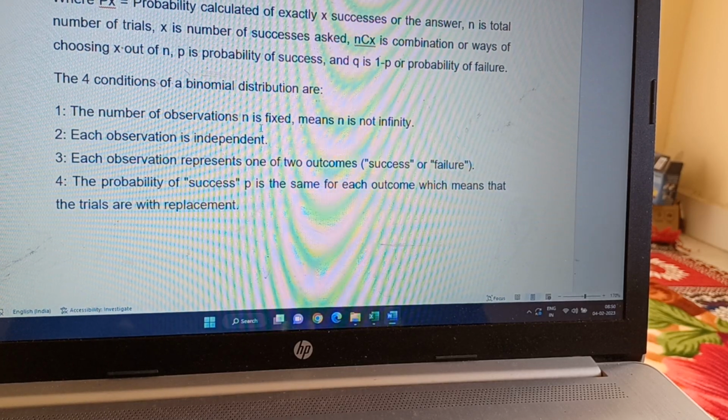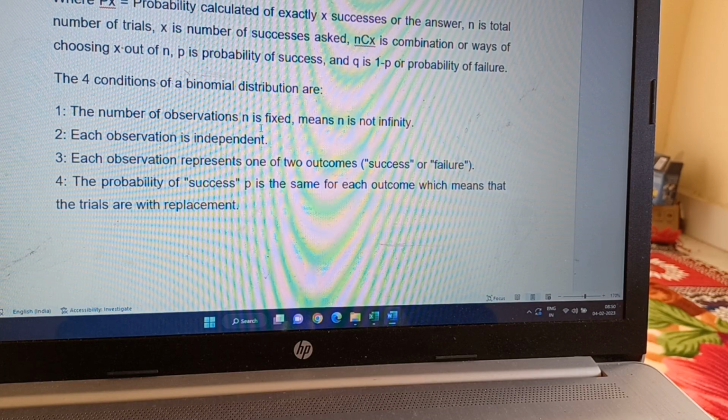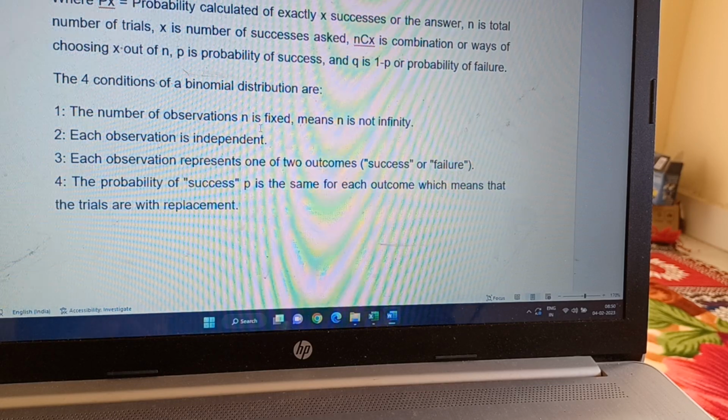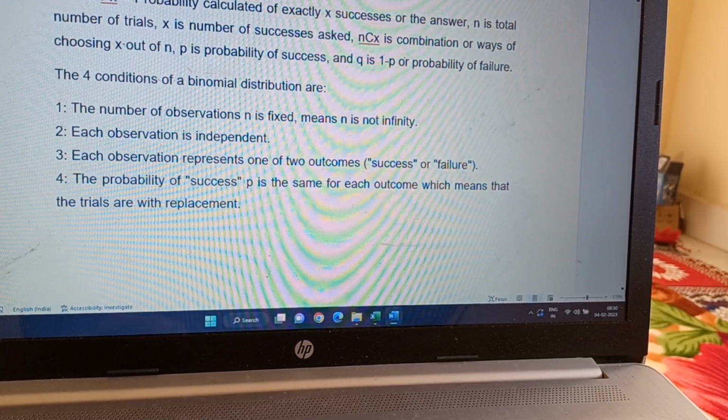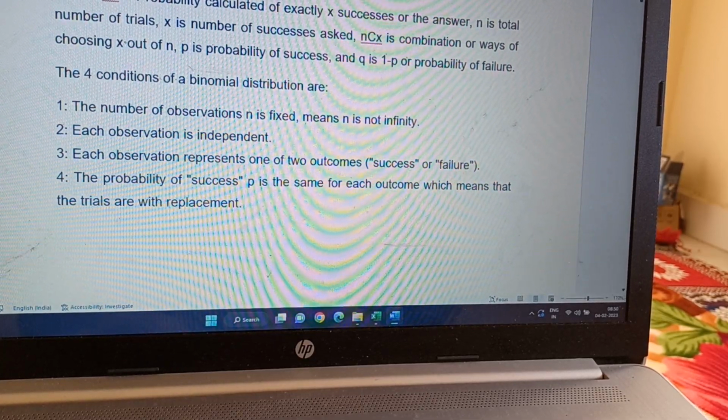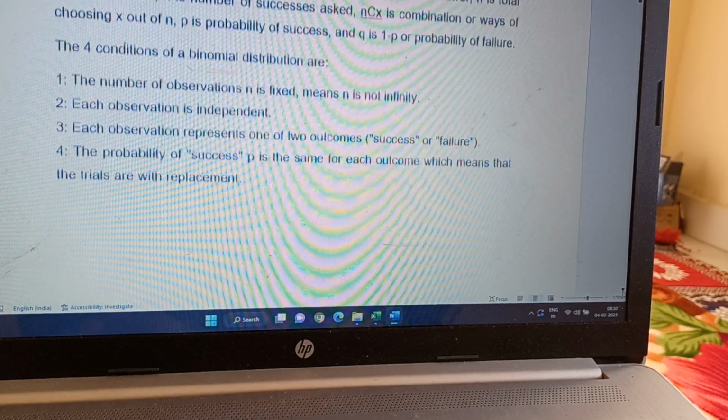Then each observation represents one of two outcomes, success or failure. The fourth condition is that the probability of success P is the same, constant for each outcome, which means that the trials are with replacement. There are other distributions which are without replacement. I will talk about them later, but not in this session.